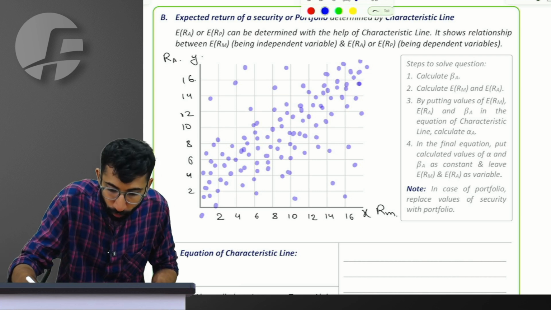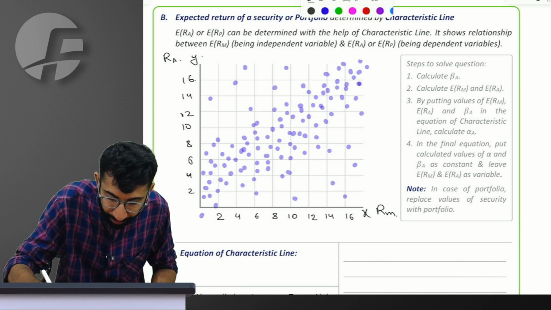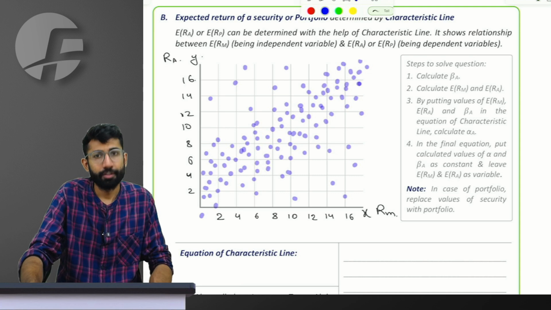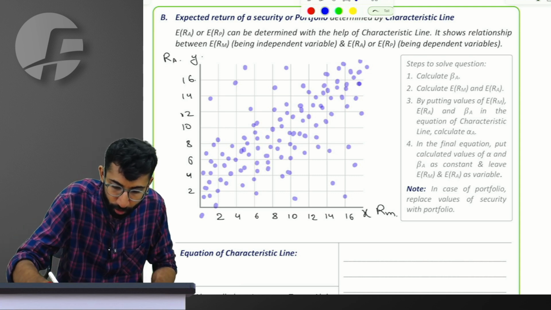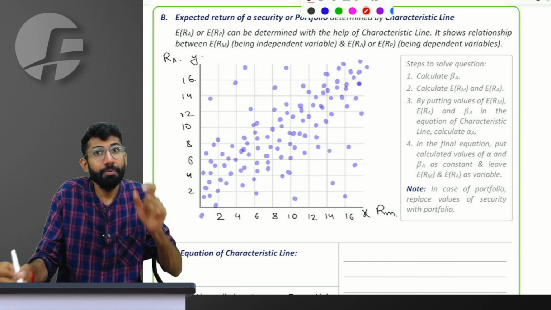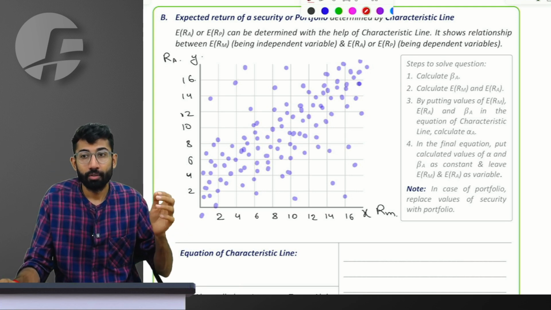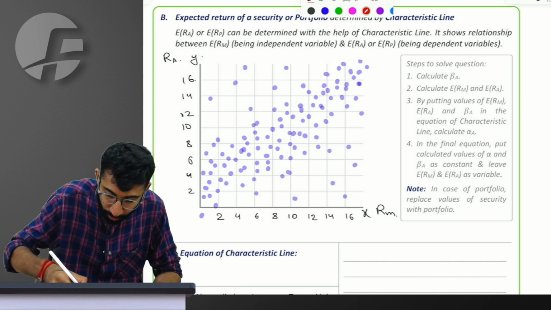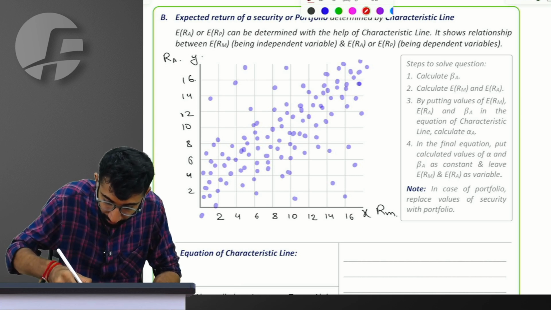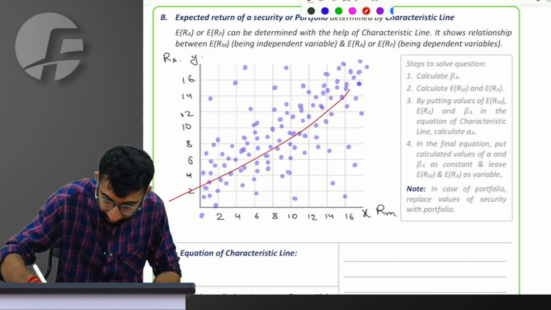So if we try to prepare an average kind of line which represents all these dots, that line can be used to predict the future. For example, let us create that average line, and that average line turns out to be like this.